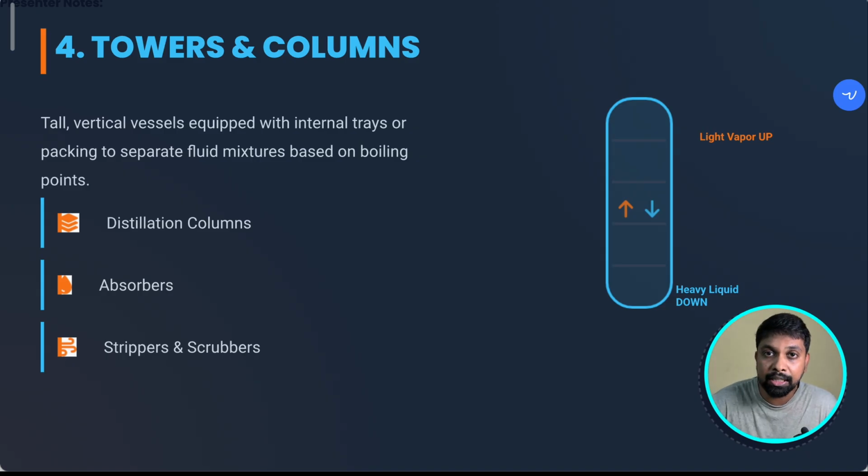You can see these kinds of columns in petrochemical industries, and also in process industries, though at a very small scale. But at large scale we use them in petrochemical industries to separate petrol, diesel, kerosene, LNG. All those processes are taken care of inside this column.